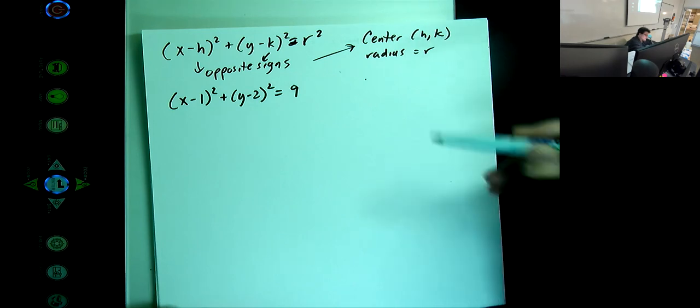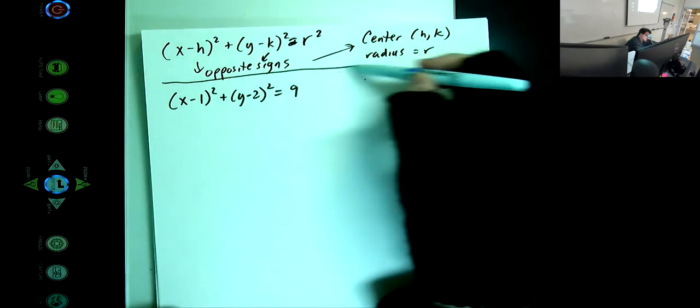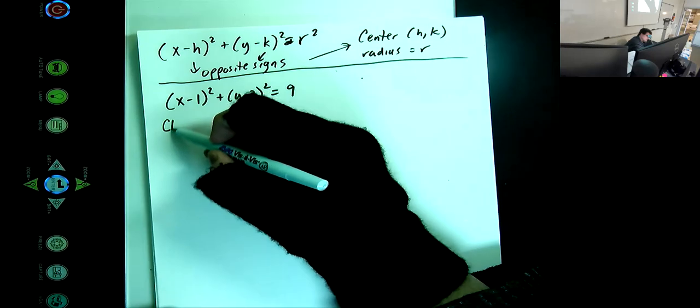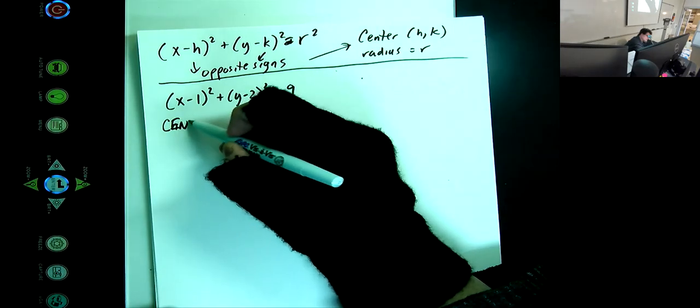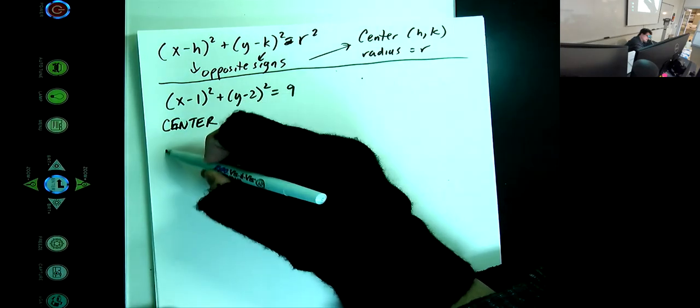So we'll do our first example here. What you always want to do first is identify the center and the radius.